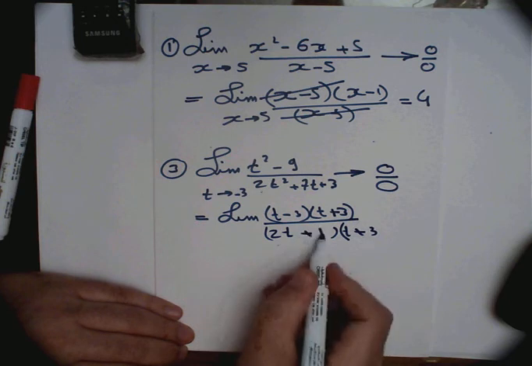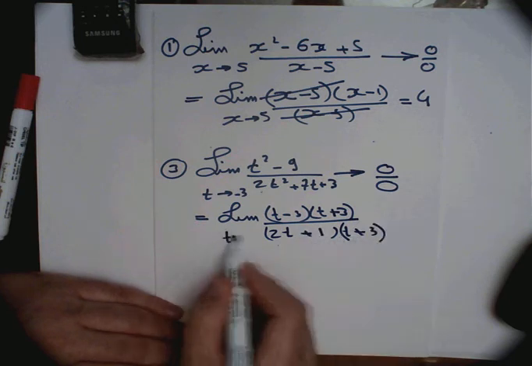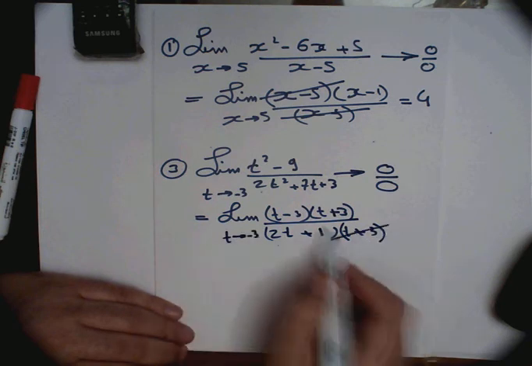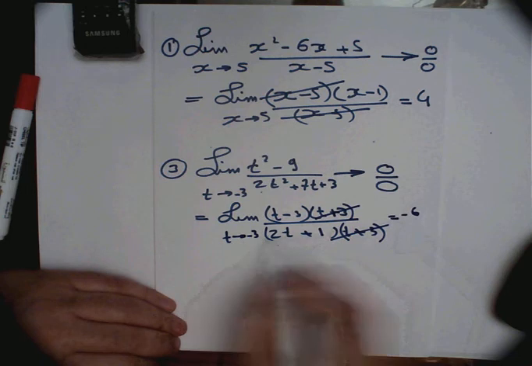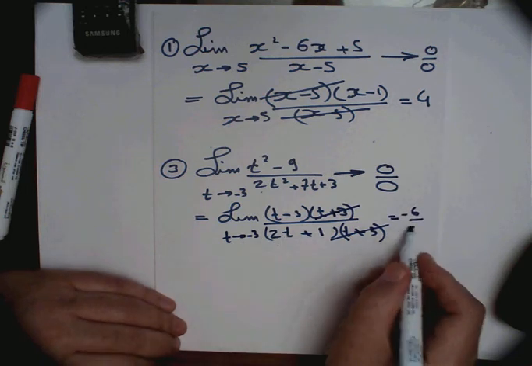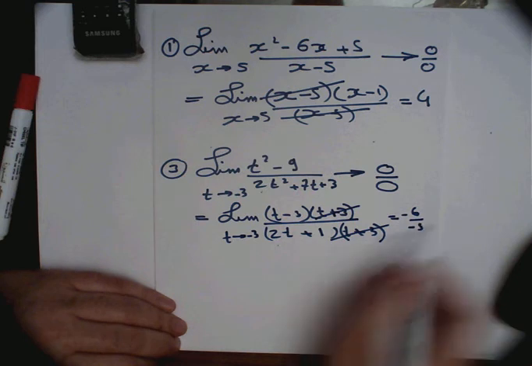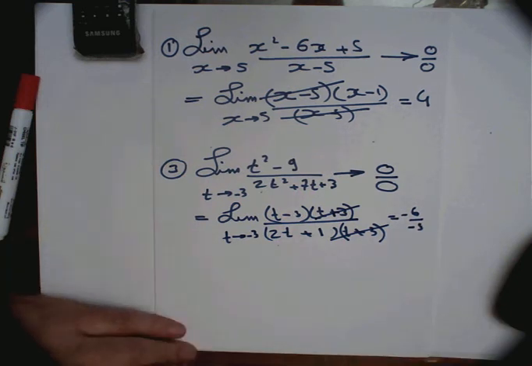Okay? So we can cancel together t plus 3 with t plus 3 to obtain minus 6 divided by minus 5, which is 6 over 5. As you see, very simple, piece of cake.